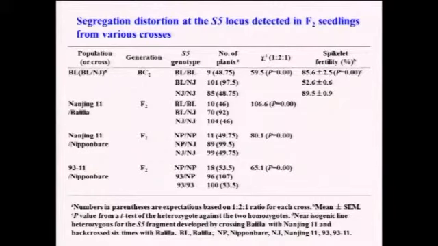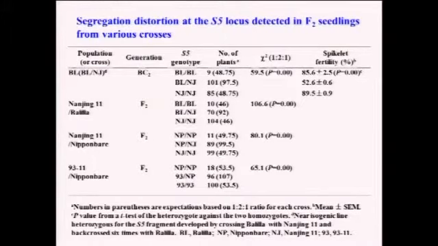Then we proceeded further to look at the progeny generation of the hybrid. Then indica, japonica crossed with the indica, that's in the background of near-isogenic lines. We saw in the progeny BC2 segregation distortion. So it significantly deviates from the expected 1 to 2 to 1.